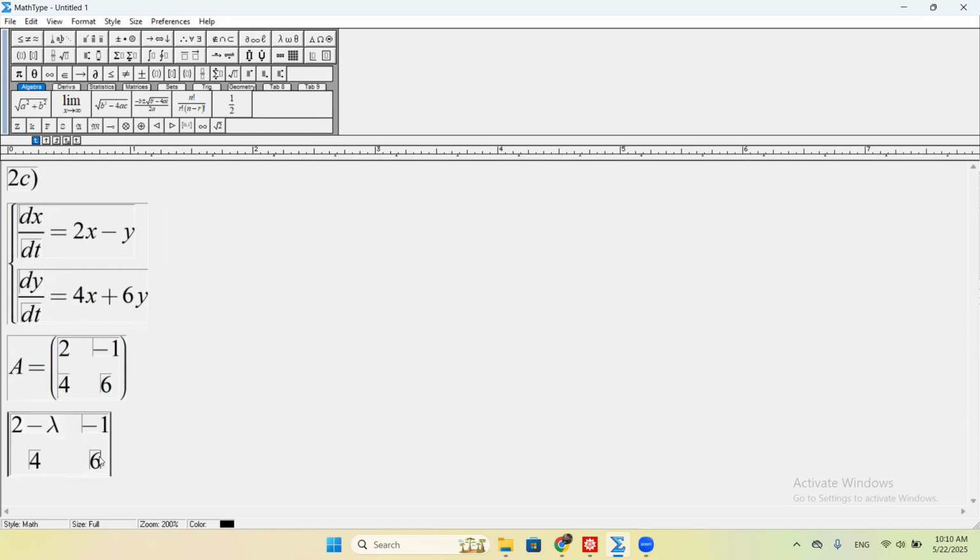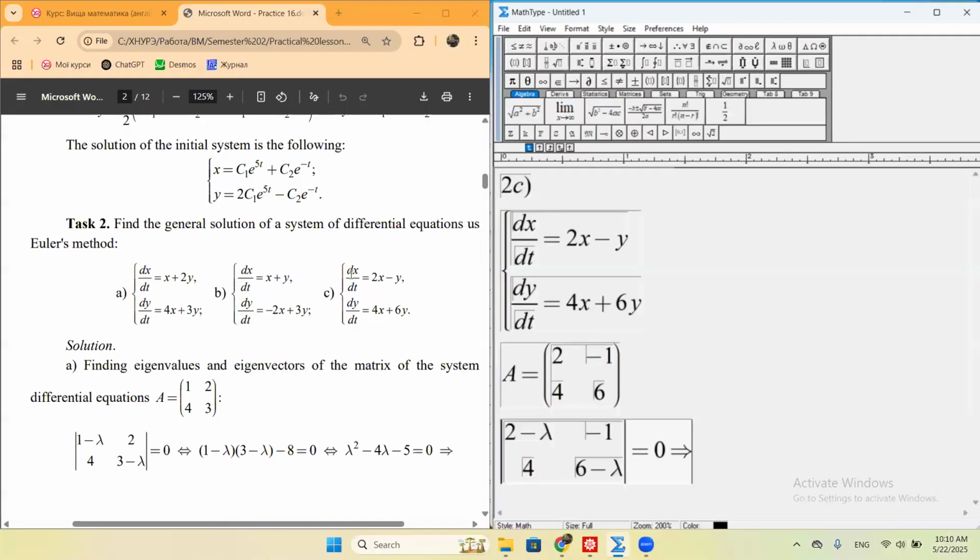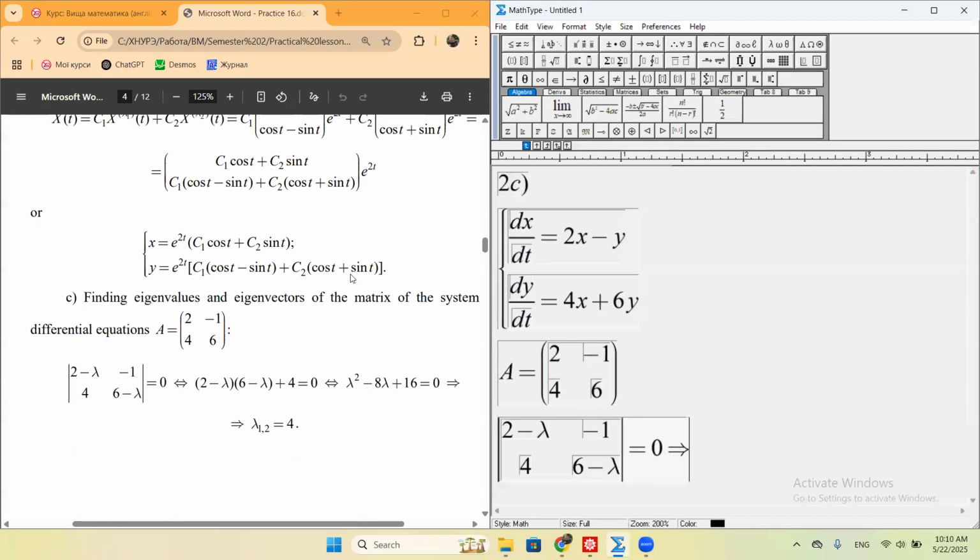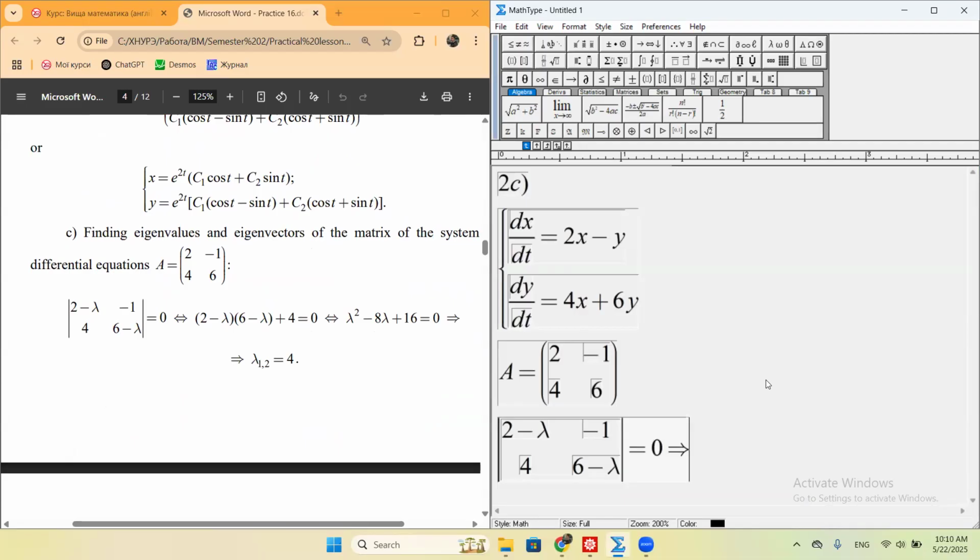So, analogically to the previous exercise, we have a pair of multiple roots. The multiplicity of the root is 2.